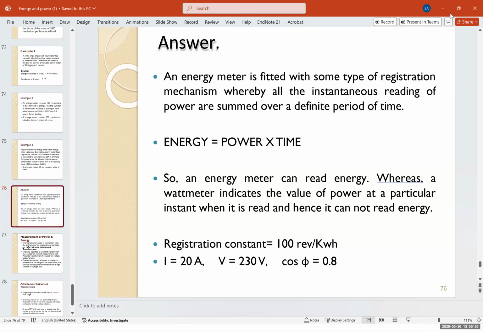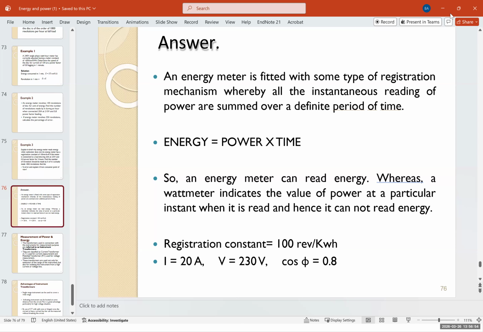Now, the reason that a watt meter can't measure energy is that it doesn't have memory. That's the simple answer. It can measure power instantaneously, but it cannot add it over a period of time. If a power meter has some type of memory, like a digital one with RAM, and it adds all those readings together over a certain period of time, it's not built for that. It's not built to be turned on for a long period of time.